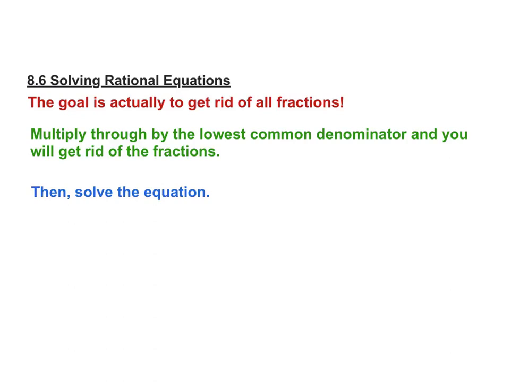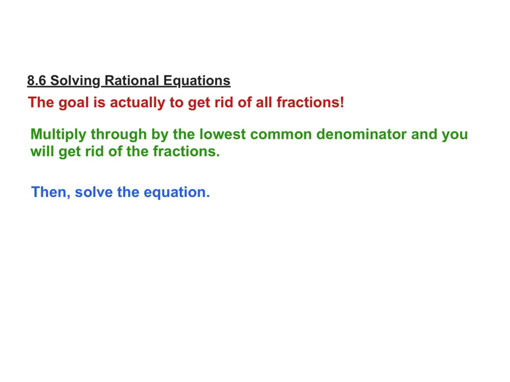Okay, so then once the fractions are gone, you just solve the equation like normal. Whether it's a quadratic or a linear function, you solve it using any of the strategies we've already learned this year. The one thing you have to keep in mind is at the beginning of the problem, you're going to have variables in denominators. And the only thing you have to watch out for is making sure that none of your answers after you solve your equation turn out to make the denominator equal 0.